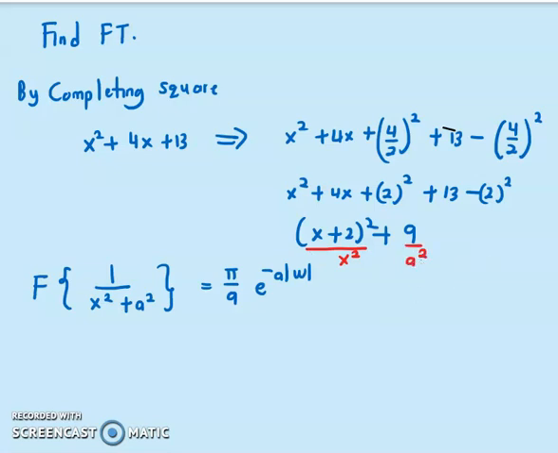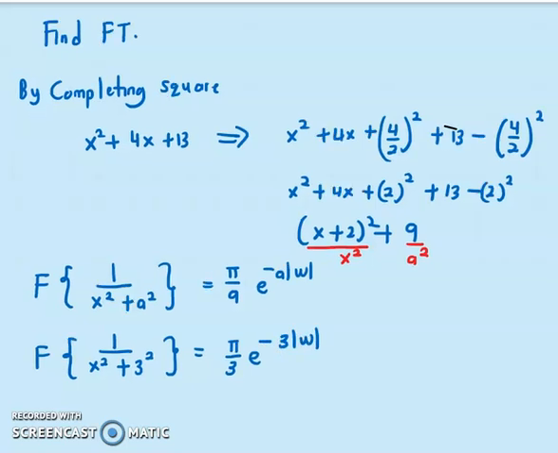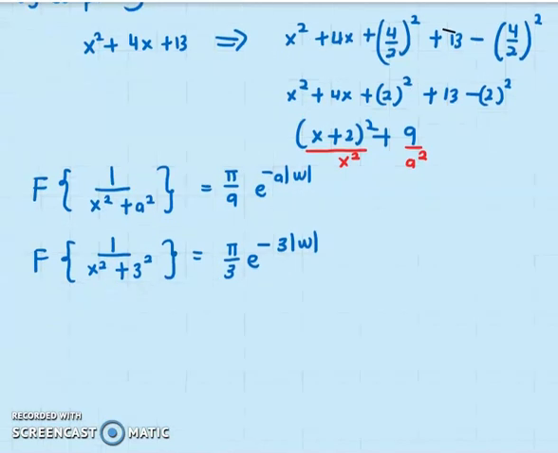Okay, so by using the definition, the Fourier transform of 1 over x squared plus 9, sorry, it's not 9, it's 3 squared, which means my a is 3, I have pi over 3, e to the negative 3 omega. Okay, this is good. This is my f hat omega.